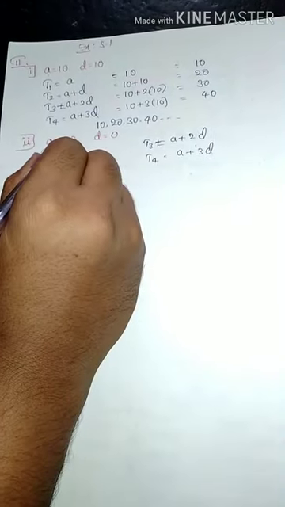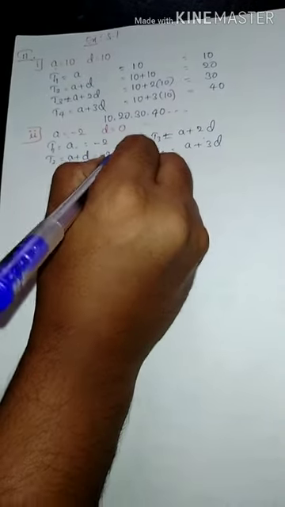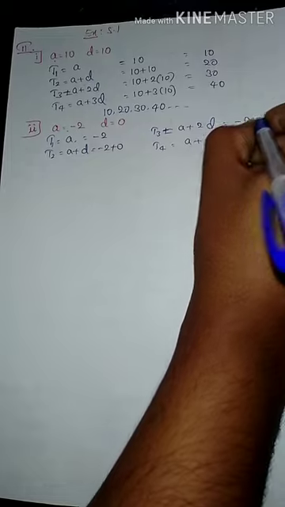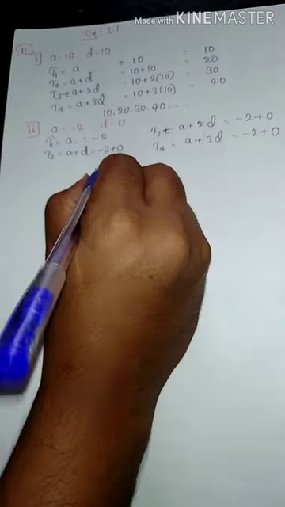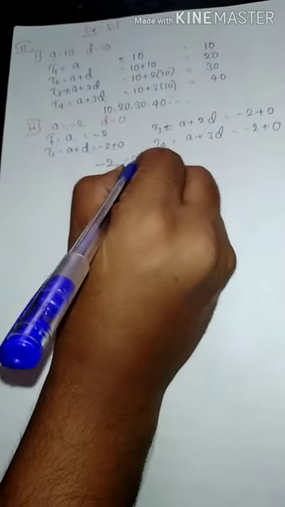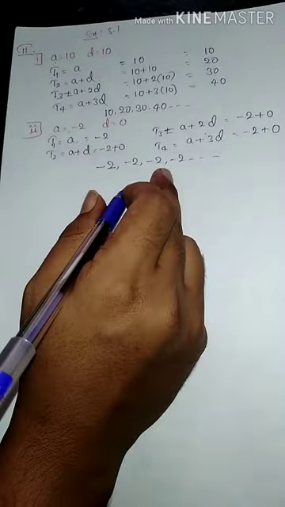Here A is minus 2 and the common difference is 0. Therefore, the arithmetic progression is minus 2, minus 2, minus 2, minus 2, and so on. So these are the first four terms of an AP.